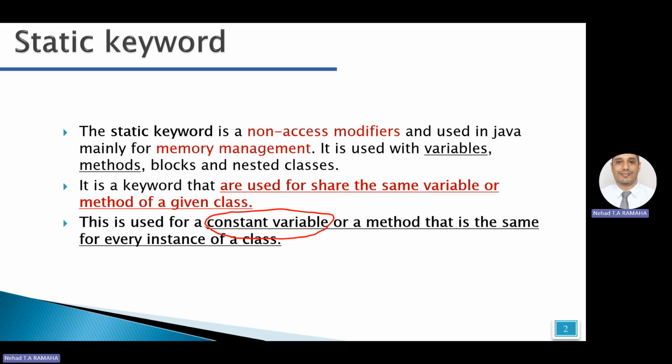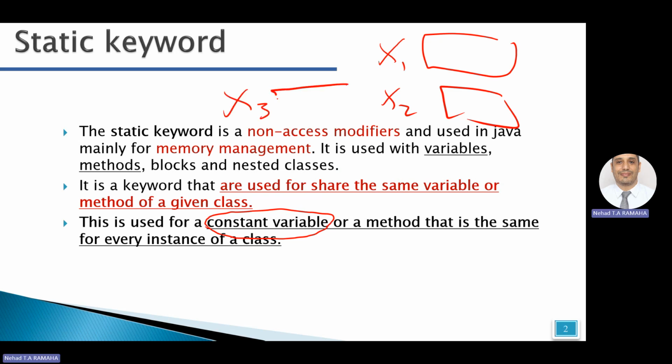Its value is not changeable. If you have object X1, object X2, object X3, and the same constant value, for example C equals 3 here, then C equals 3 is here and it's here.